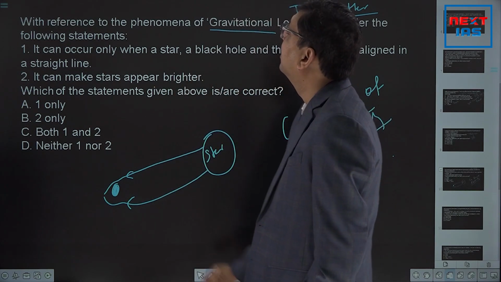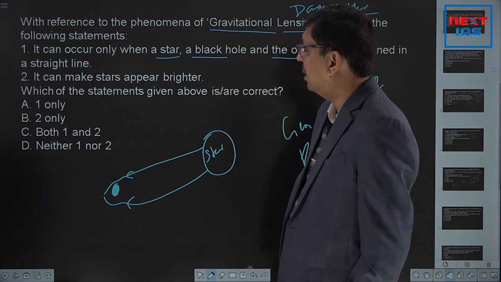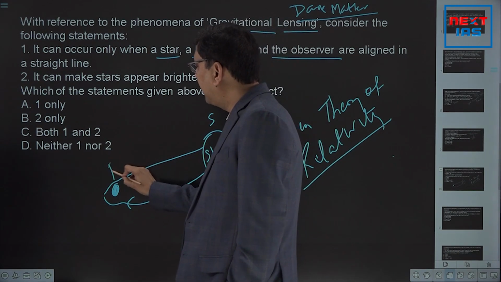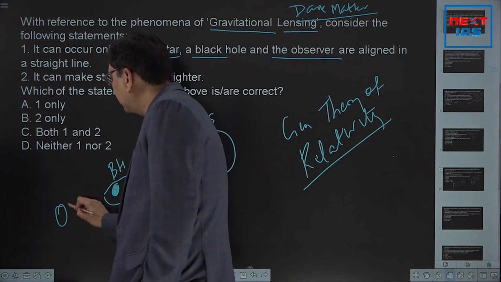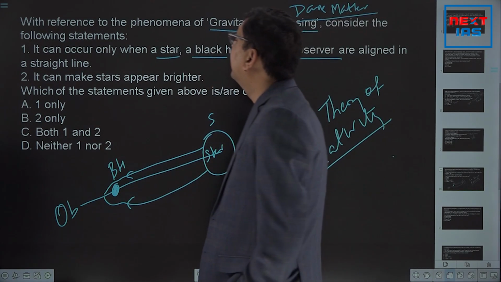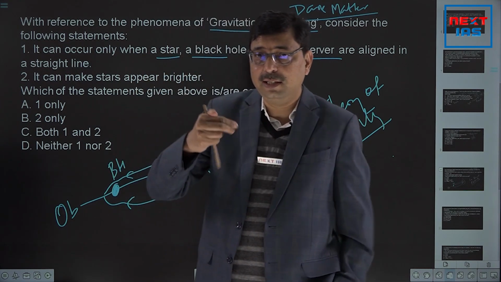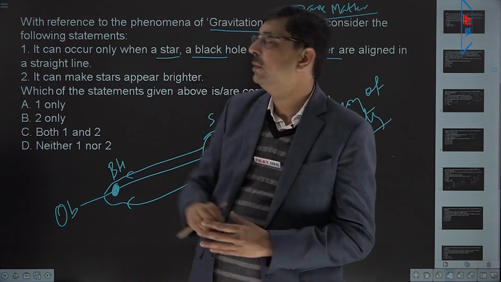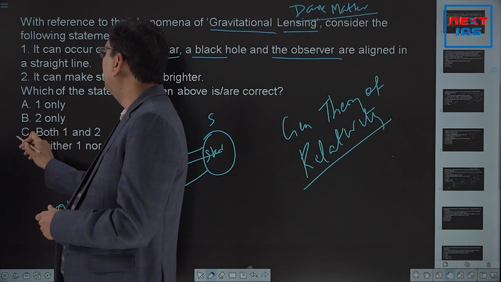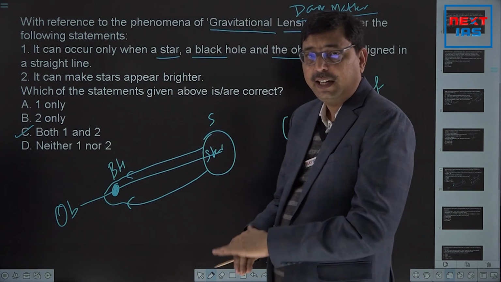The condition for this is that the star, black hole and the observer should be in a straight line, otherwise it will not be visible. It can make a star appear brighter. Yes, when the black hole comes in between, it bends the light, so it appears brighter. So answer is both 1 and 2 for the gravitational lensing question.